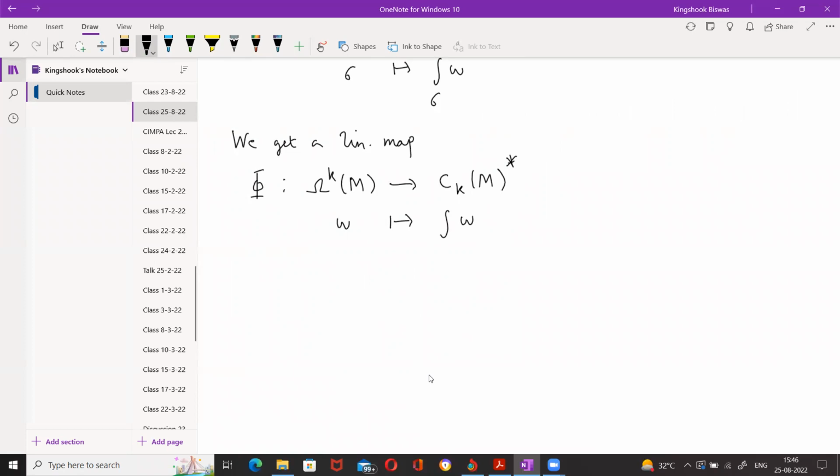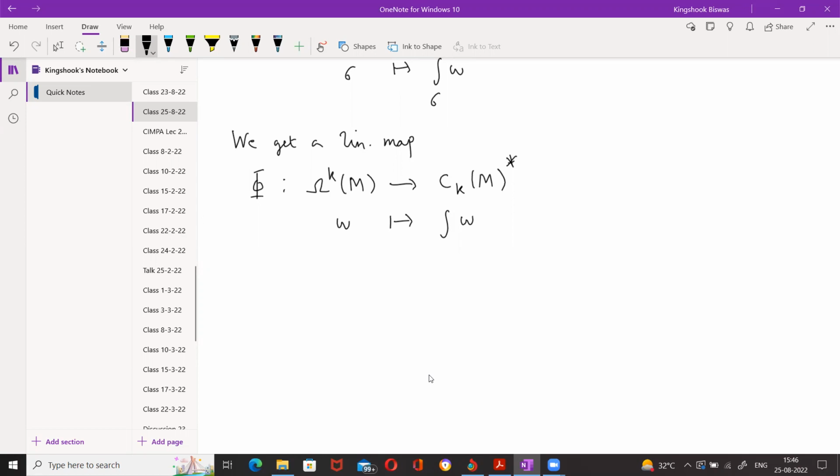That means any k-form is determined by its integrals over singular k-cubes. So there should be some way to get back the values of omega acting on tangent vectors from the integrals of omega over cubes. So how do we get back?